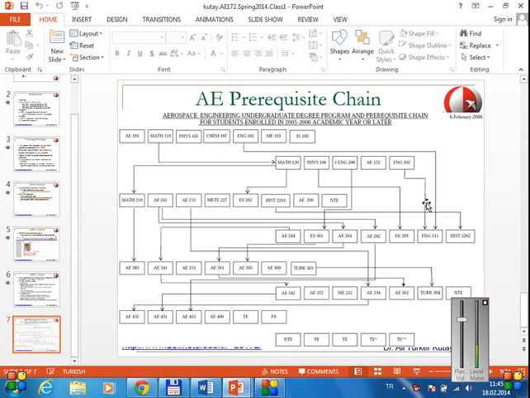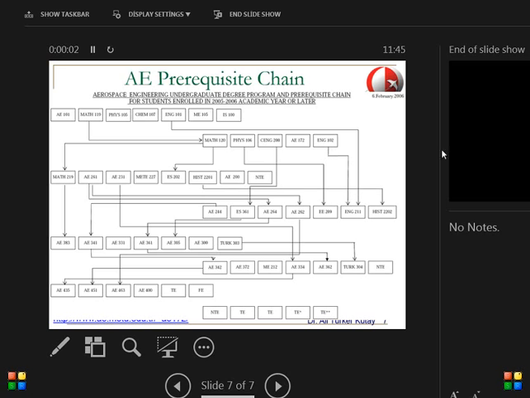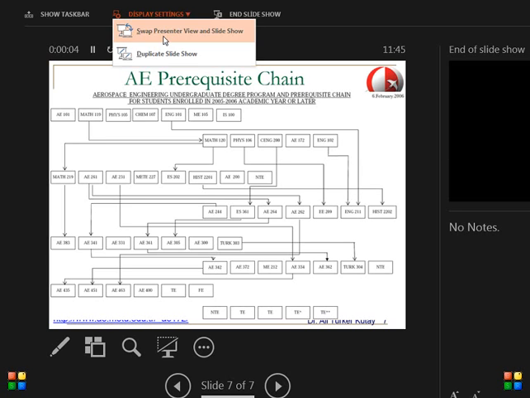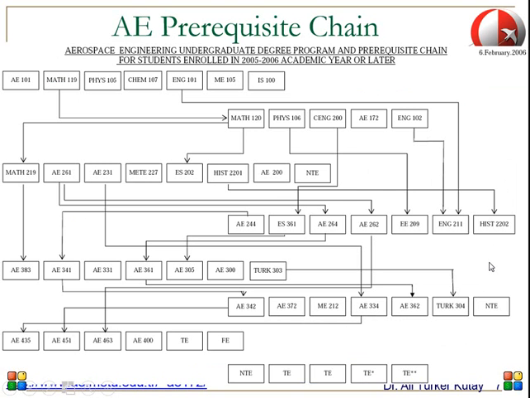Okay, so let me go back to this prerequisite chain. As I said previously, every course you're supposed to take is put there to teach you something, and it may not be obvious at first.